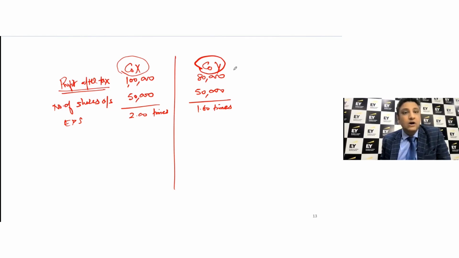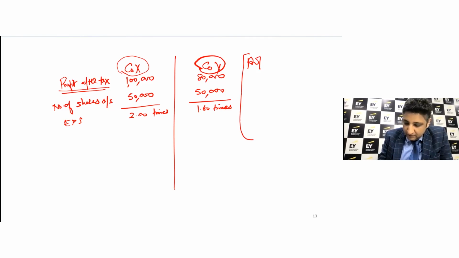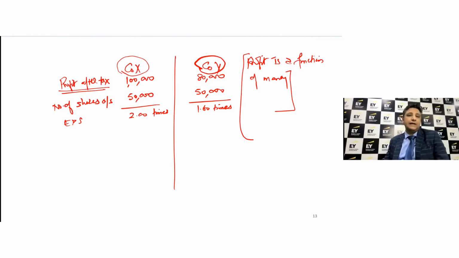But hang on, we need to discuss the concept that profit is a function of money, right? Profit is a function of money. Now, when you look at the profit after tax, you would remember it is the profit for the year.